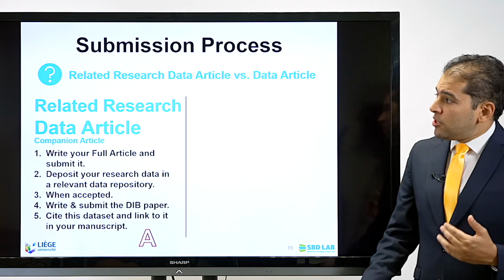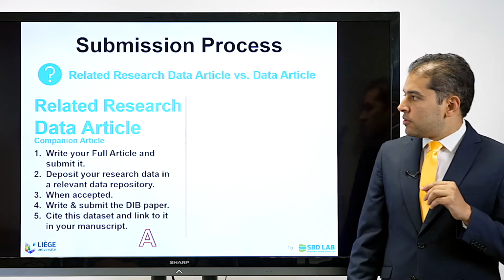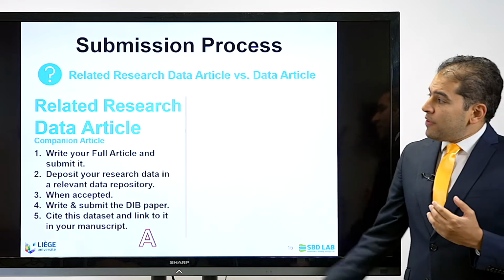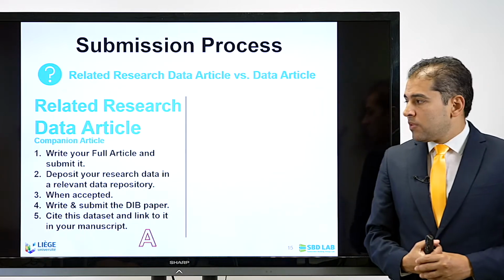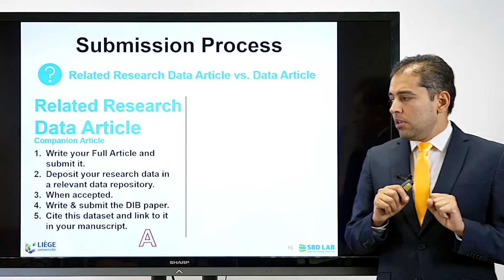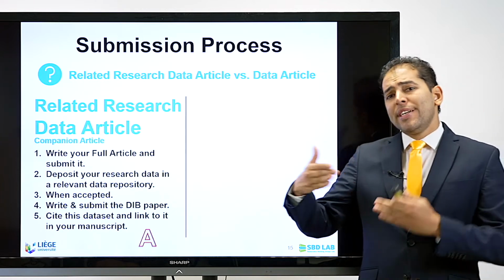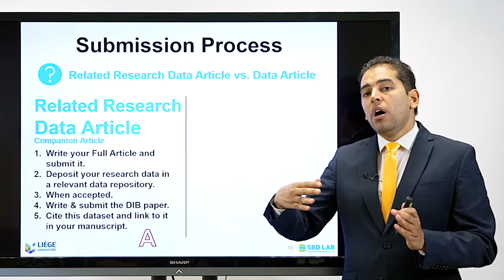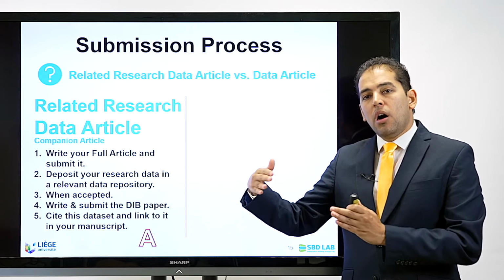Now, if this is clarified, what is the process to publish my data article? Well, first of all, you have to look at the following aspects. There are two types of publication of data articles. Either you have a related research article, called a companion article, which means you have already written a full article and submitted it in a classical journal.